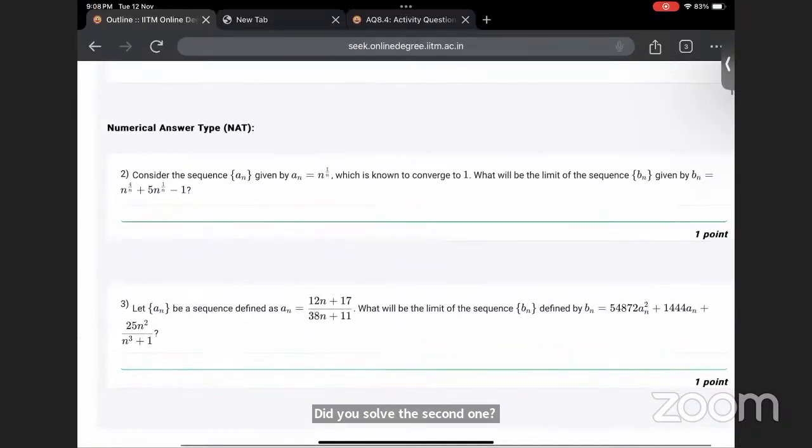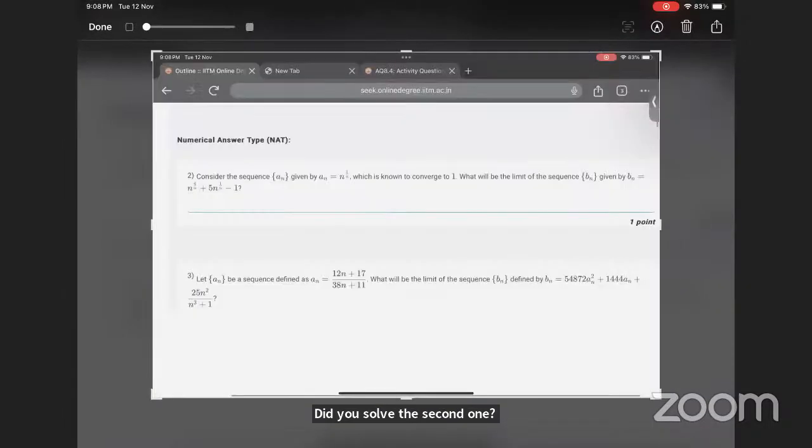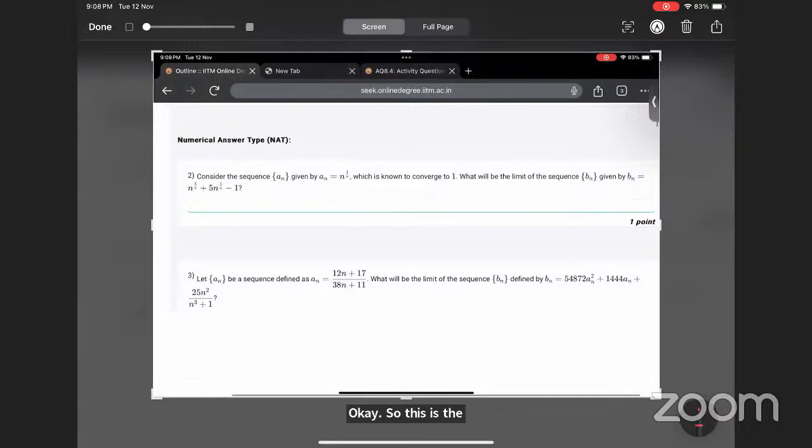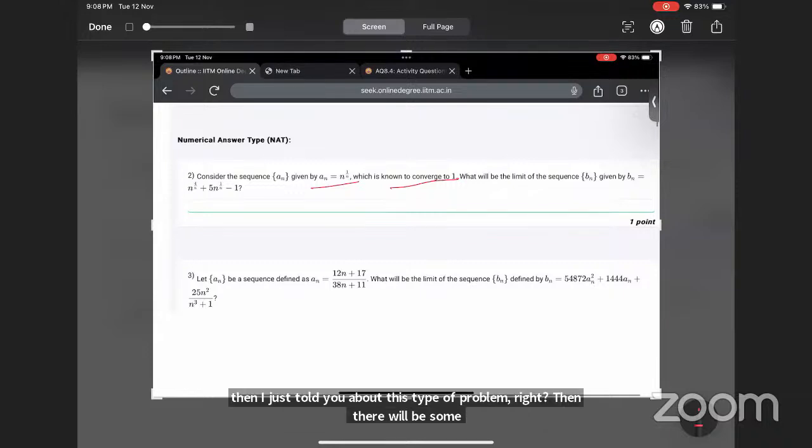So this is a common pattern. You may have a sequence given, and maybe they will mention the limit of the sequence, as I just told you about this type of problem. Then there will be some sequence using the previous sequence, and you have to calculate the limit.